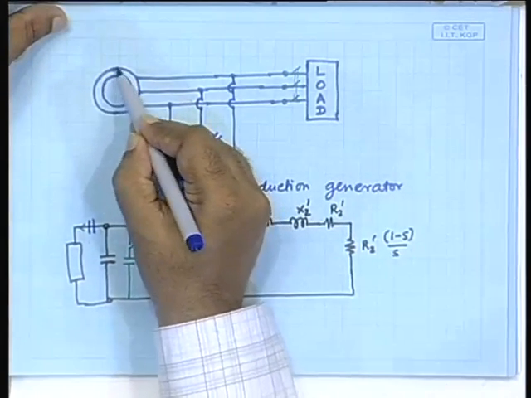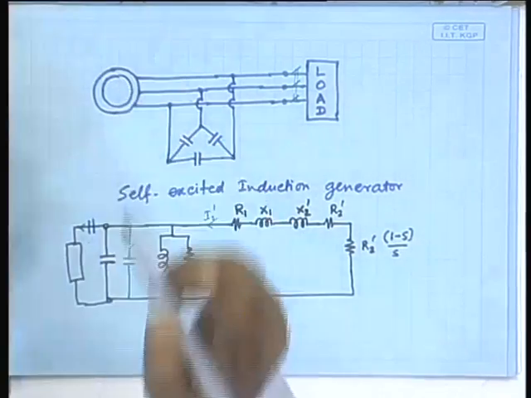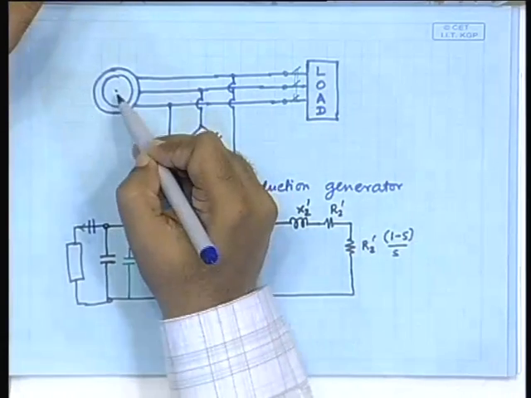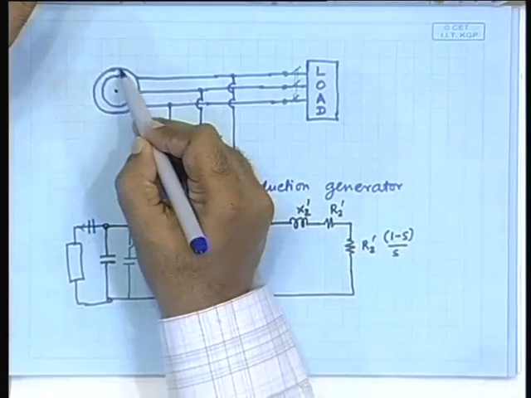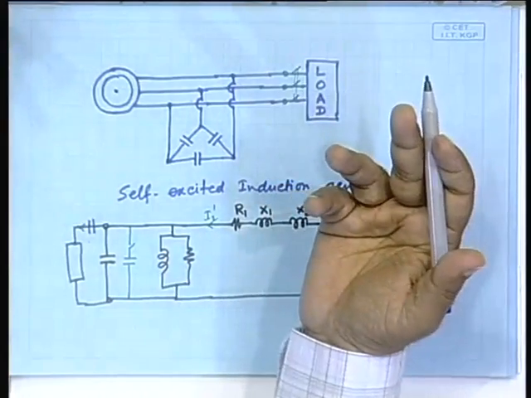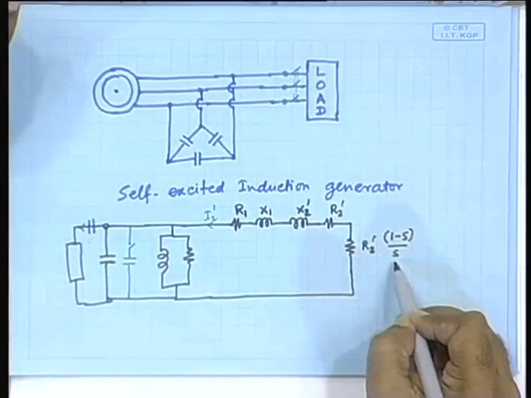One is the rotation of the magnetic field, and the other is the rotation of the rotor, and there must be a difference in the speed. You are externally rotating this rotor, but what will be the speed of rotation of the magnetic field? Obviously, that will be different, given by the slip.